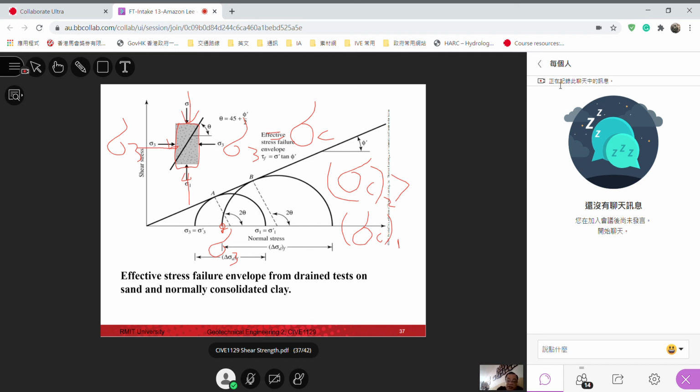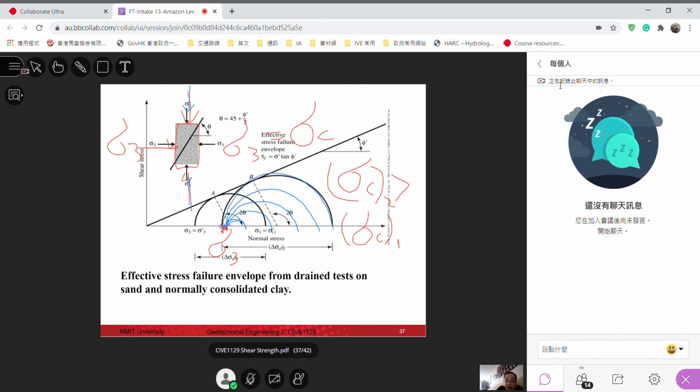So the initial Mohr circle is here, just one point, and then we increase the vertical stress while keeping the confining stress constant. The Mohr circle keeps expanding until another point of failure.